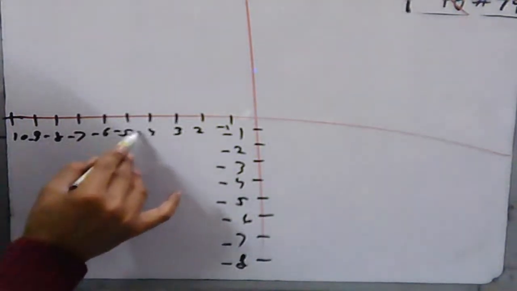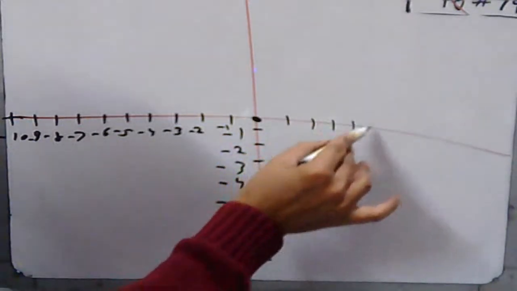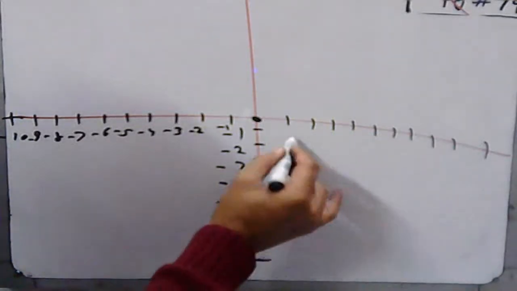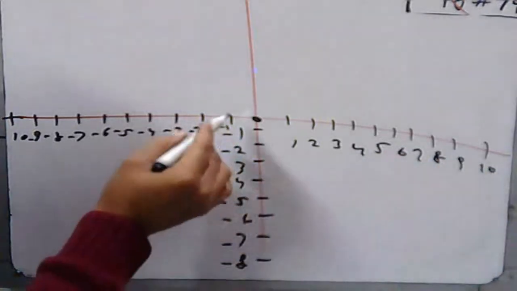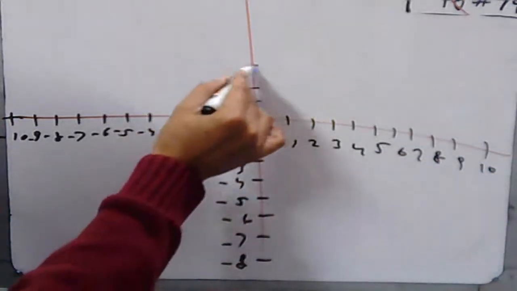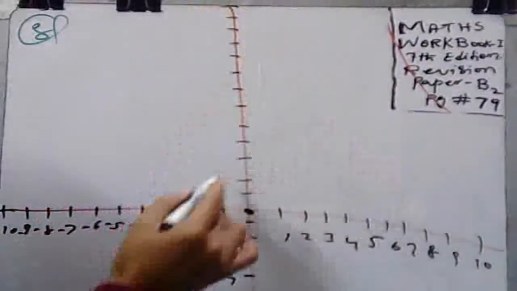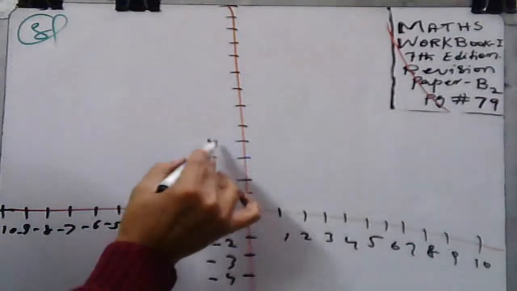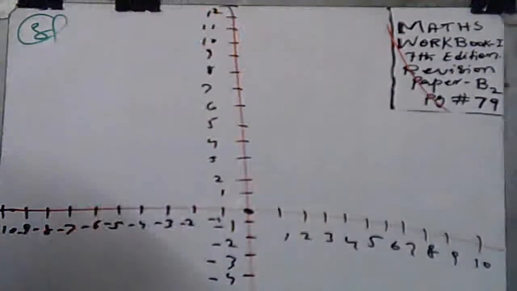Here is positive 1 to 10, and similarly here 1 to 13 and 1 to 12. So for the graph we have made this.